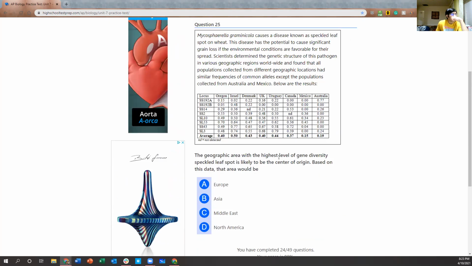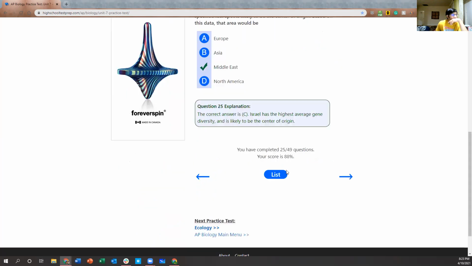The geographic area with the highest level of gene diversity is likely to be the center of origin based on the data. So we want to see the one with the highest amount. That seems like it's Israel. Yeah, Israel seems to be the highest level of gene diversity. So I would go with Middle East. Yeah.